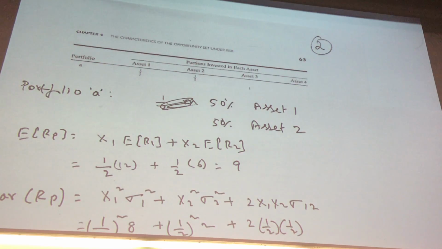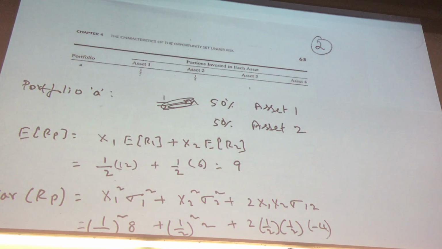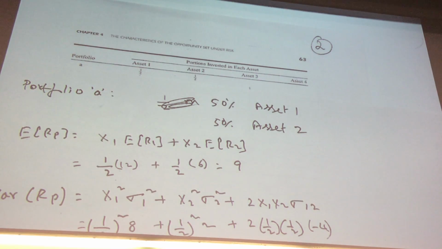Minus, we already did here. Minus 4. So this is 2 plus half, minus 2, that equals, okay. So this is the variance of the first portfolio.